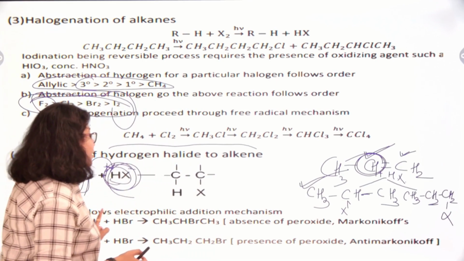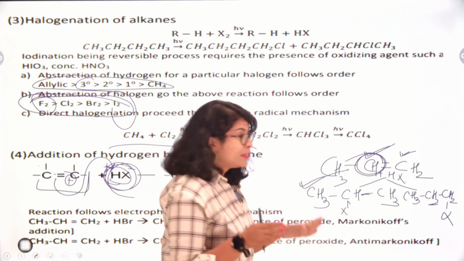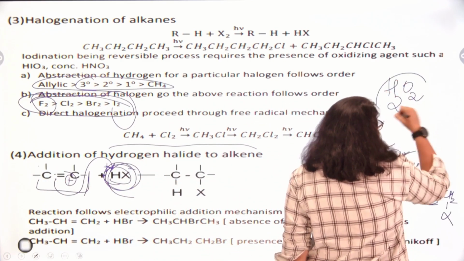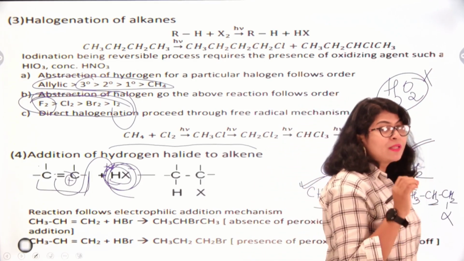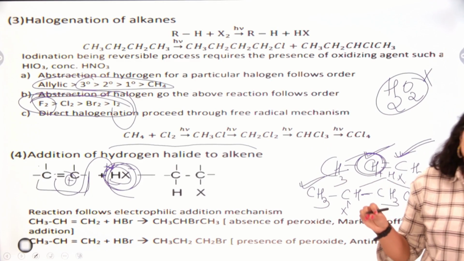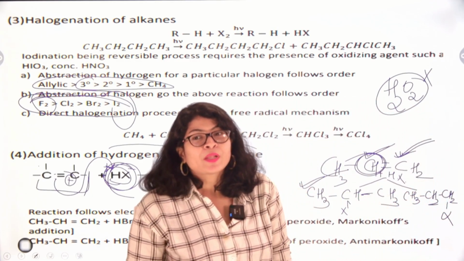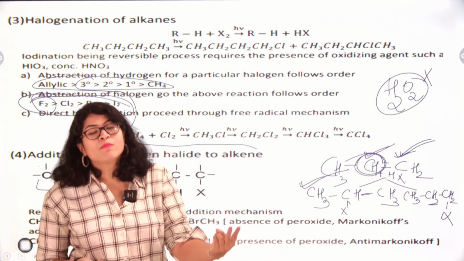In the absence of a special reagent called H2O2 or peroxide, Markovnikov's rule will be followed. But if there is H2O2 or peroxide present, then anti-Markovnikov's addition happens. As per the name, it is just the opposite of Markovnikov's.